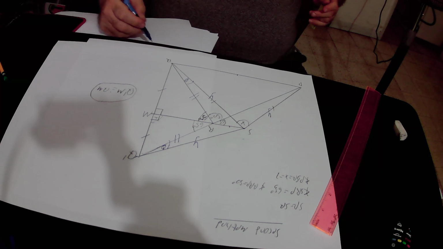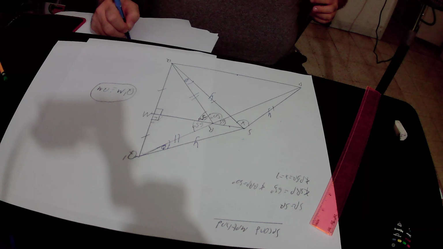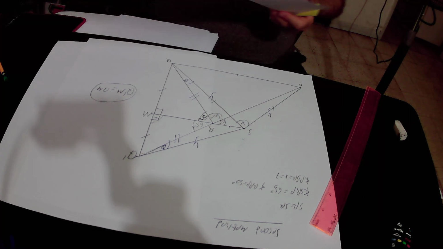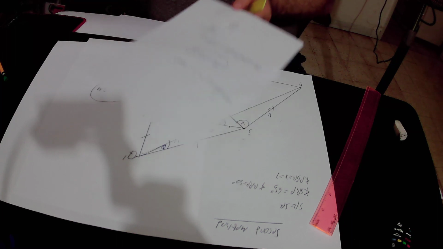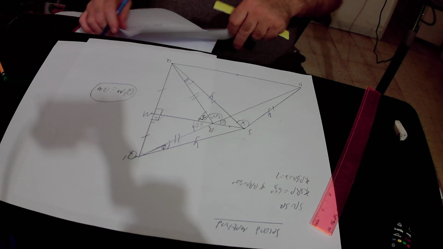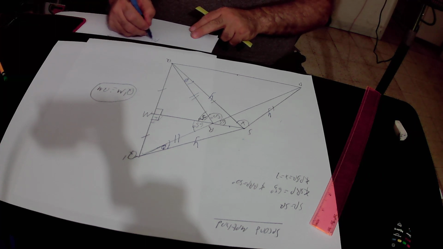Okay, so PRQ dash is actually a straight line, because angle PRQ dash is a straight angle. PRQ dash is a straight line, and if PRQ dash is a straight line, then PQ dash is also a straight line.